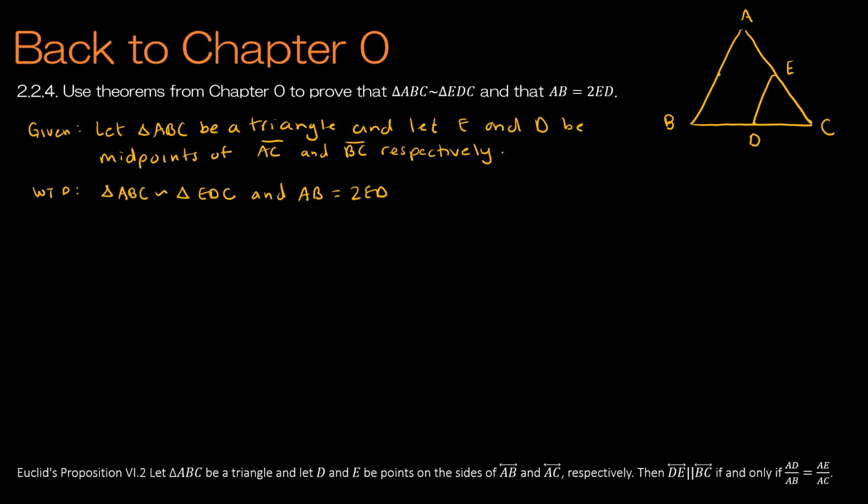Before I get started, I want to draw our attention to Euclid's proposition VI.2, which we'll use quite often. This one says if we have a triangle ABC and we have points on the sides of two of the sidelines, then DE is parallel to BC.